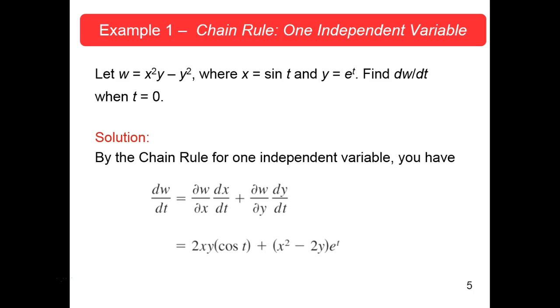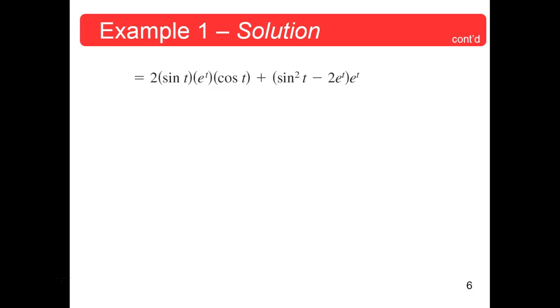So go back and plug in what x and y both are and see what you get. And you get 2 sine t e to the t cosine t plus sine squared t minus 2 e to the t times e to the t. And that would be 2 e to the t sine t cosine t, so they left it in that form, plus e to the t sine squared t minus 2 e to the 2t.